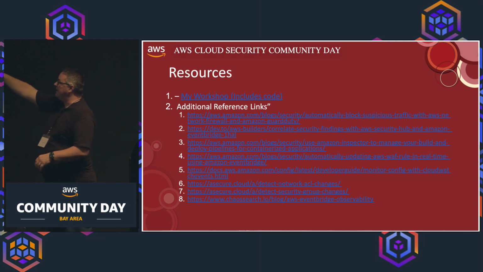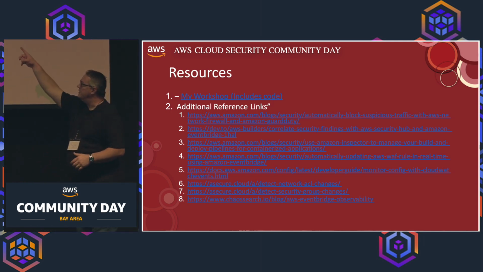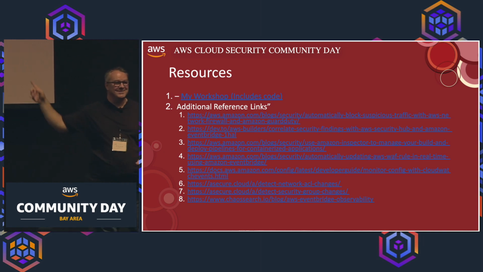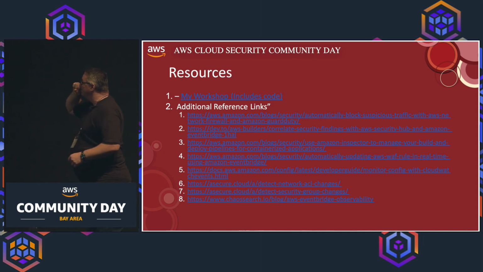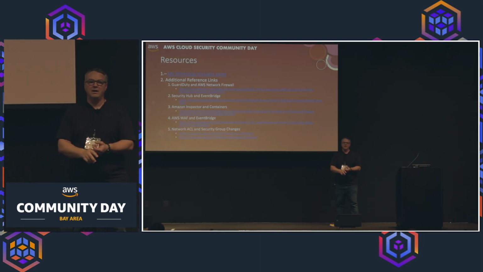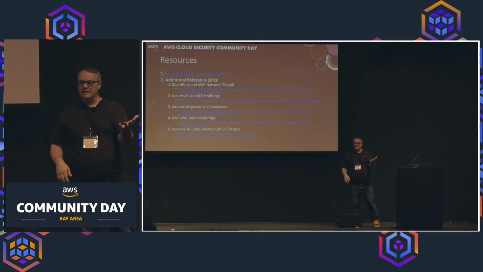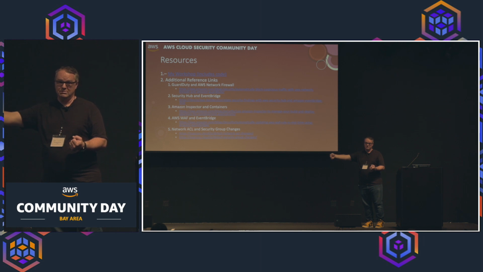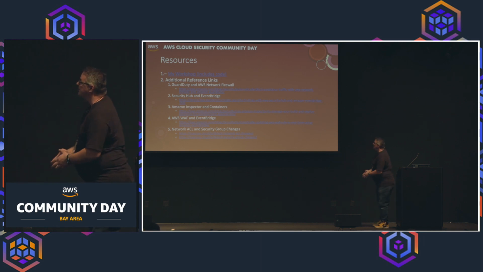I only picked 5. The first one up there is my workshop link. I wasn't sure if these slides are going out or not, so if they are, it's here. But the additional reference links, some other things that you can do. There's one on GuardDuty and network firewall. So again, same thing. Network firewall, we make an adjustment to our firewall rules instead of a security group, right? We block traffic.